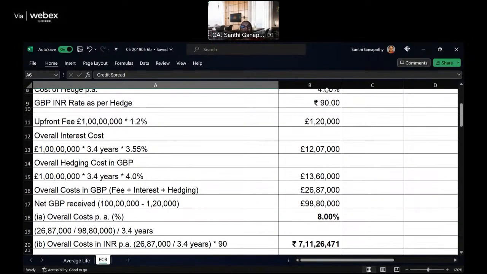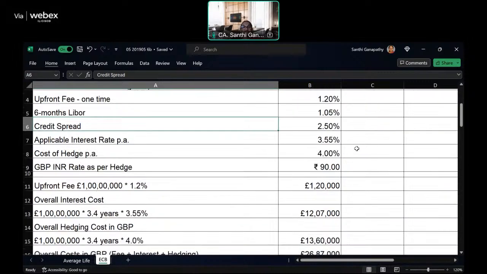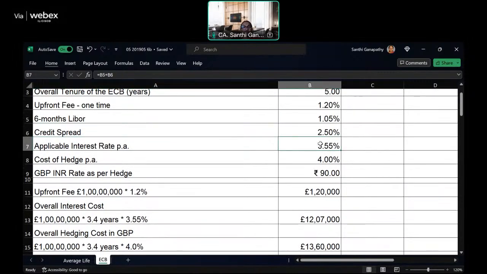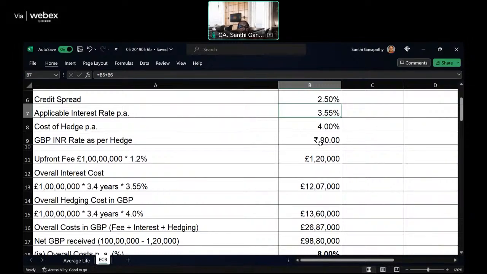Now, upfront fee is one time. So find out how much it is. Overall interest cost, how much you find, because we know 3.55%. We already discussed the principal amount into whatever is the weighted average life multiplied by the interest rate will give you the interest cost.